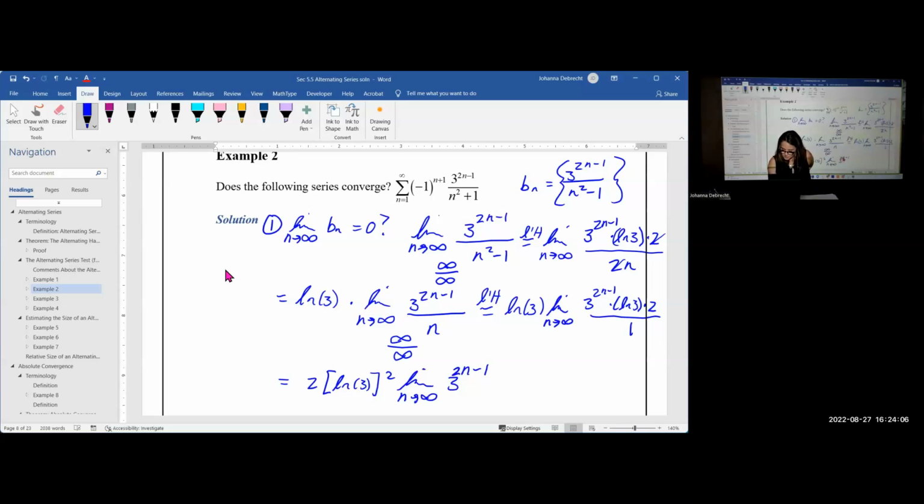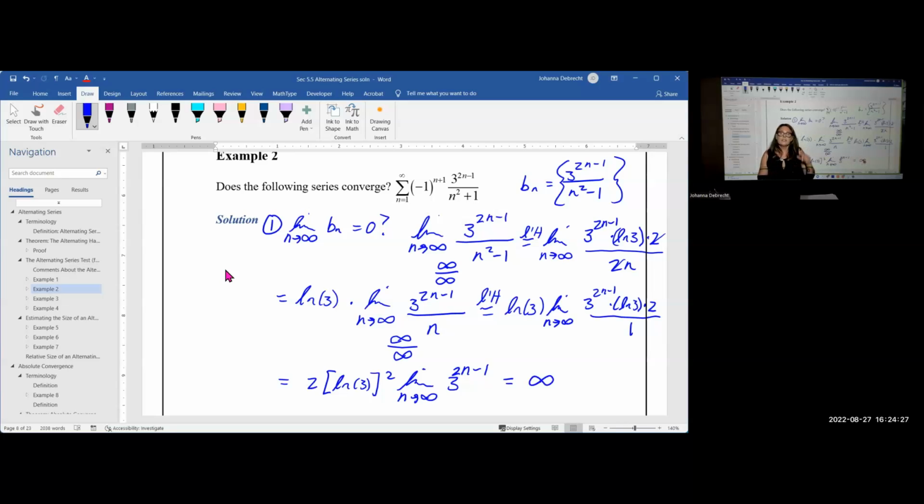Oops, lost my 2. There we go. But you know what that is. That's infinity. It's exponential. As it goes to the right, the y value goes up forever. So we have 2, the quantity natural log of 3 squared, times infinity, which is still infinity.